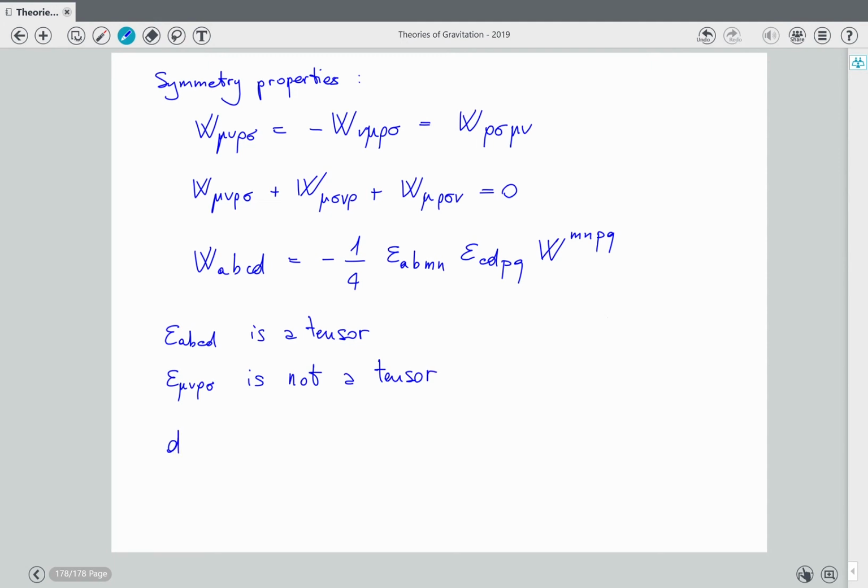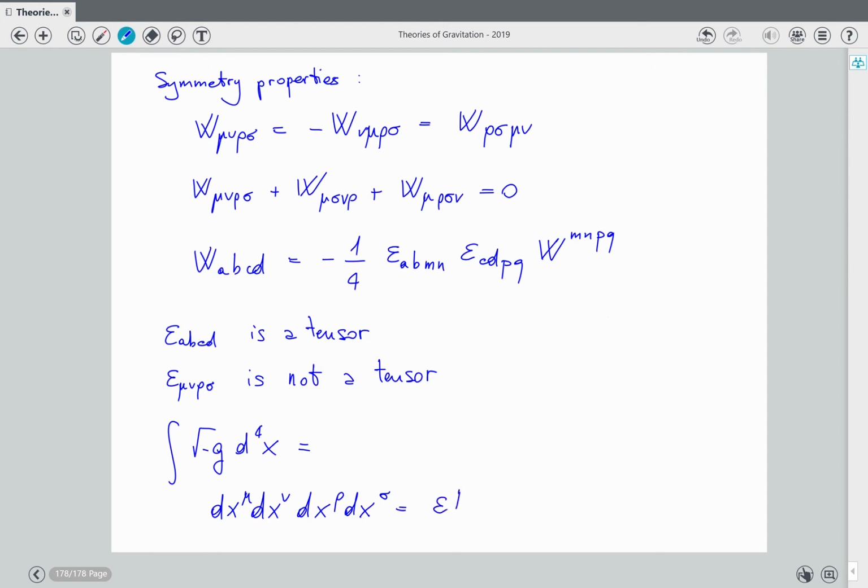Why? Well, if you want an invariant, we know, for example, the cosmological term, that is what it is. But we also know that dx mu, dx nu, so let's try this, to write this in terms of differential forms.